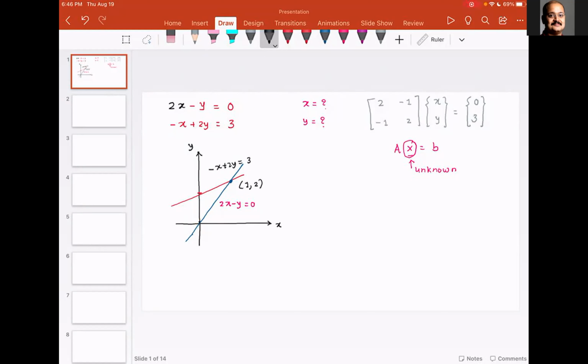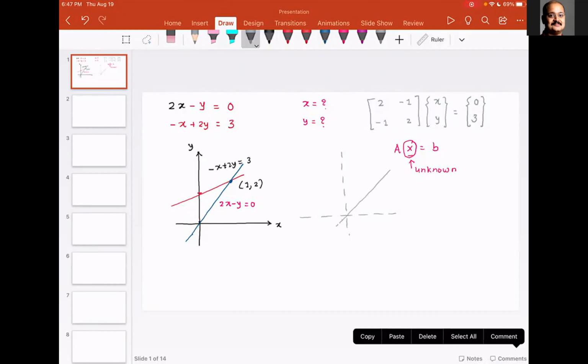Now, here is the question. Think about a situation where these two lines do not intersect at all. Maybe you land up with a problem wherein, and this is important, you have a line which is something like this, and you have another line which is something like this.